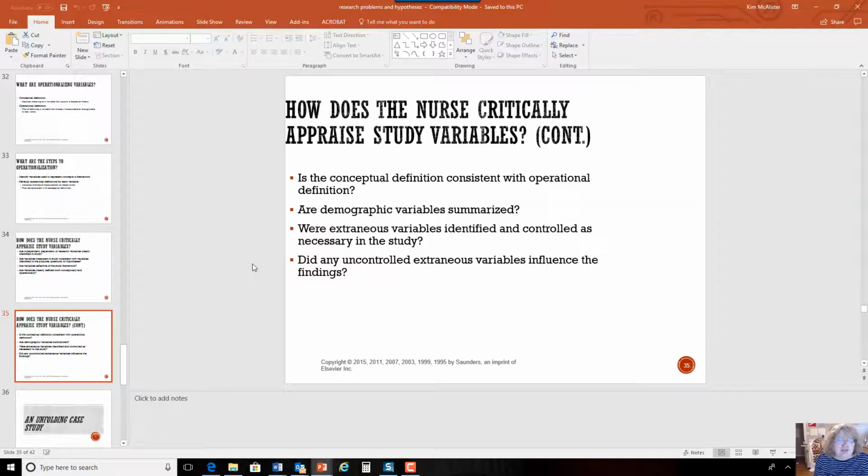Okay, so this should give you an idea then of the basics of what a research problem is, what a hypothesis is, how to identify the variables, and how to describe the demographics of your group. So with this basic structure, you should be able to develop a research question.